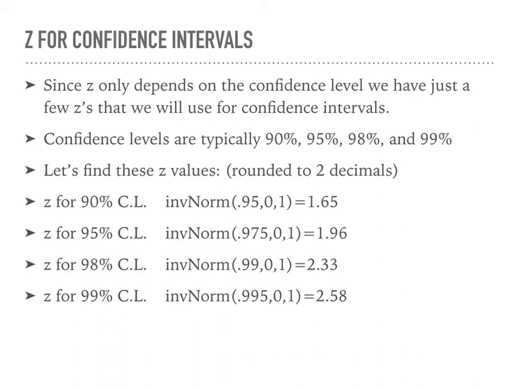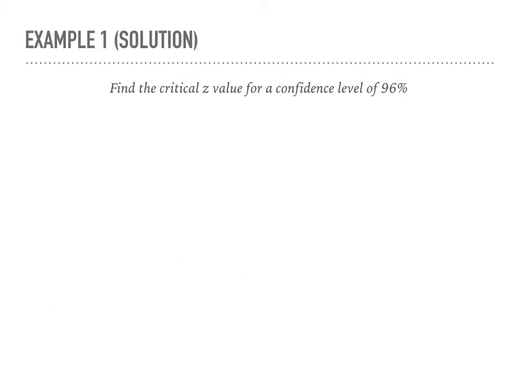For a 90% confidence level, you would want a z-value of 1.65. For a 95% confidence level, you would want a z-value of 1.96. For 98% confidence level, you'll want a z-value of 2.33. And for a 99% confidence level, you will want a z-value of 2.58.